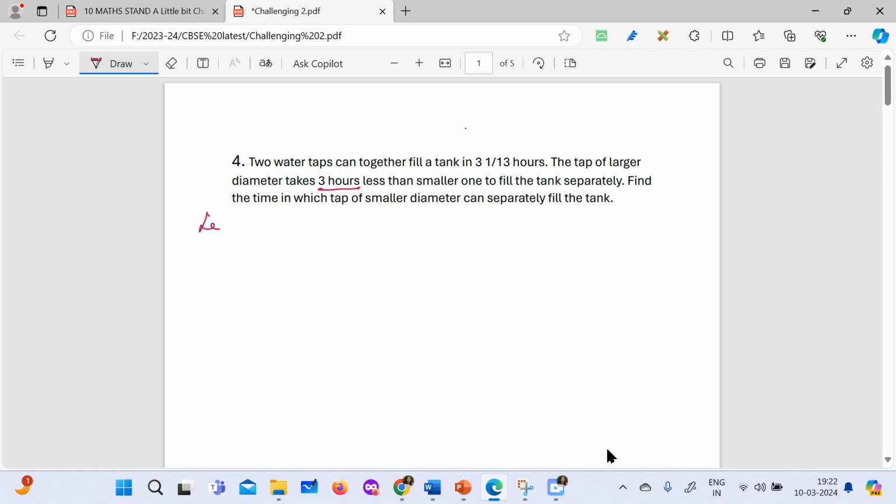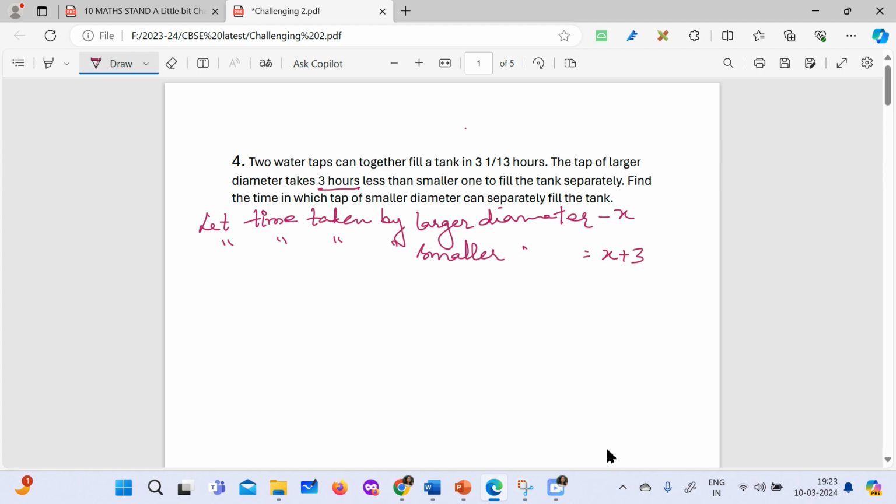Let the time taken by the larger diameter tap be x, and let the time taken by the smaller diameter tap be, because it takes 3 hours less, x plus 3.